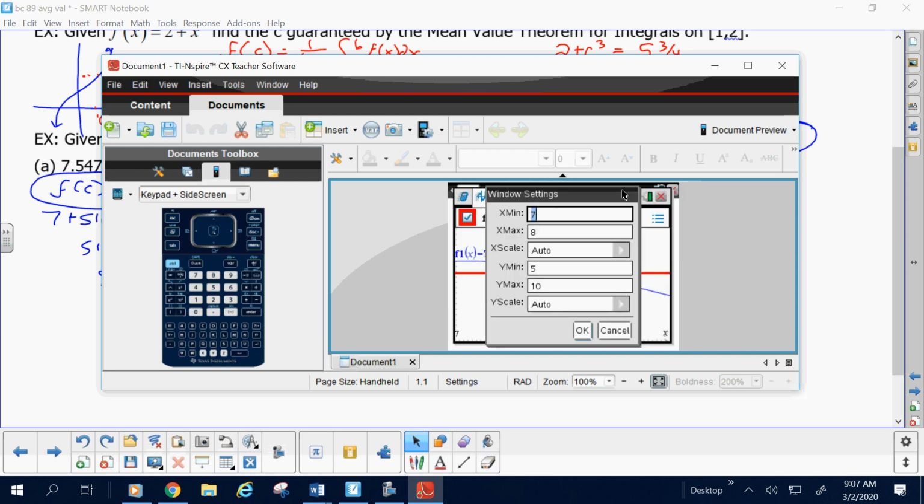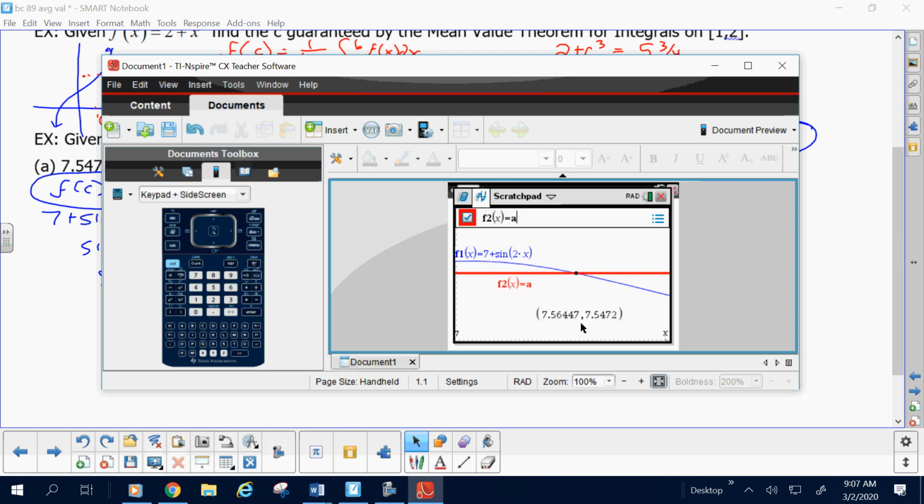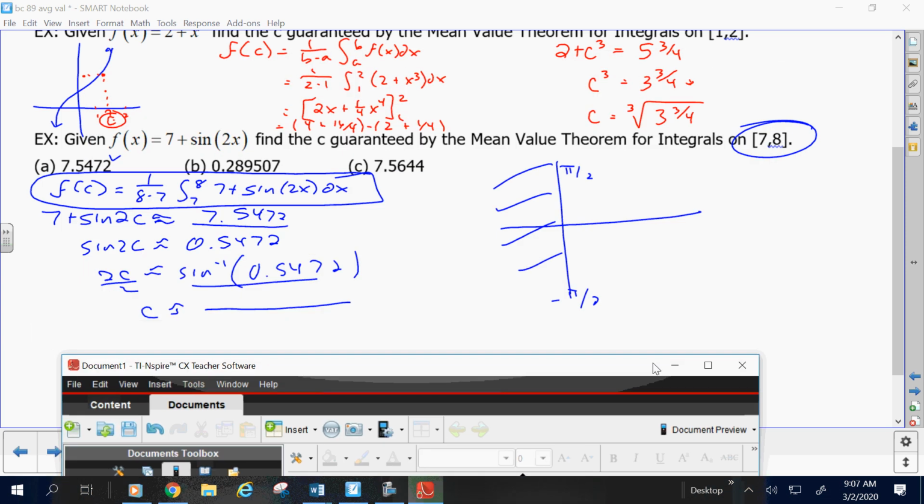You should set your window to 7 to 8, so you don't look in the wrong place like many of you did. You set your window to 7 to 8, then you find the intersection point, and it is 7.654. So set window, use intersect. Okay, there is C.